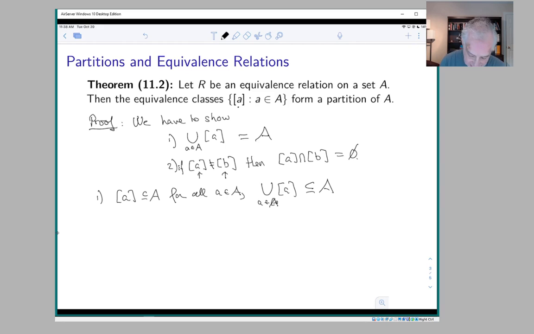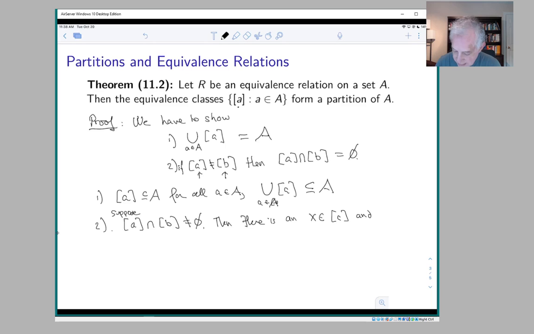The more interesting thing is this disjointness, and that we'll prove by the contrapositive. Let's suppose that we have two equivalence classes that have non-empty intersection. That means there exists an x that belongs to [a] and [b].